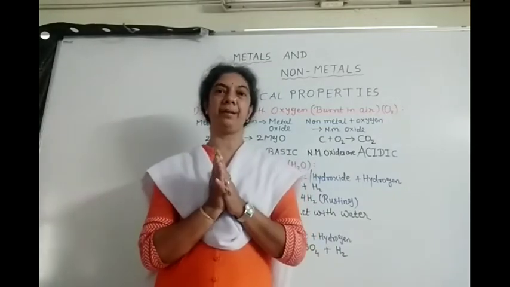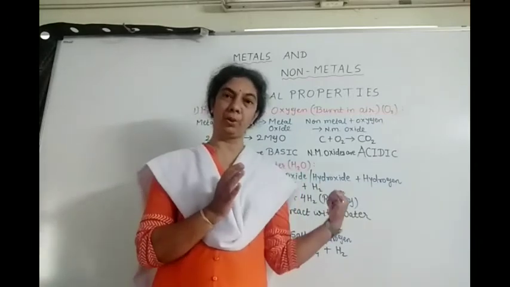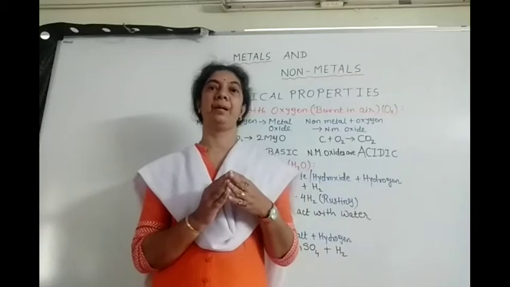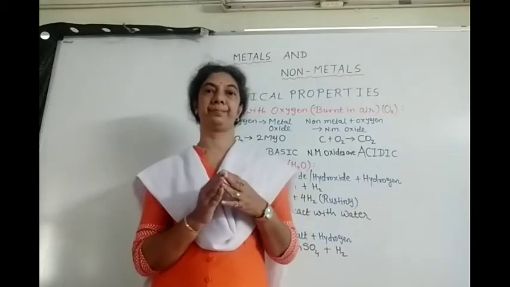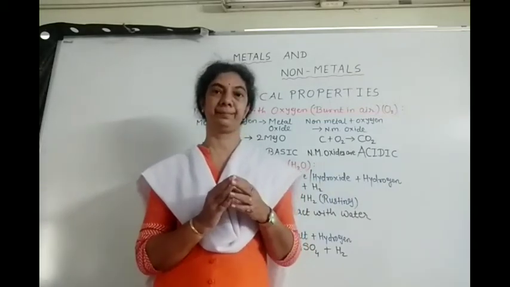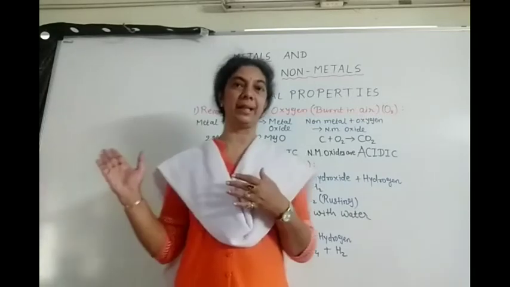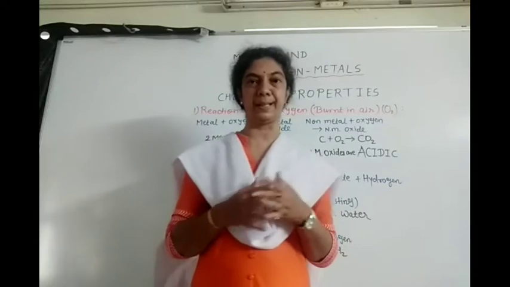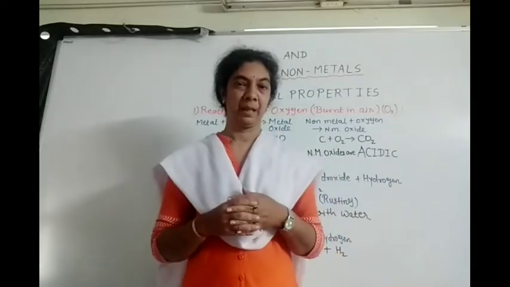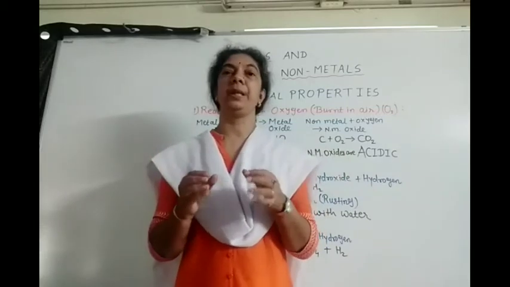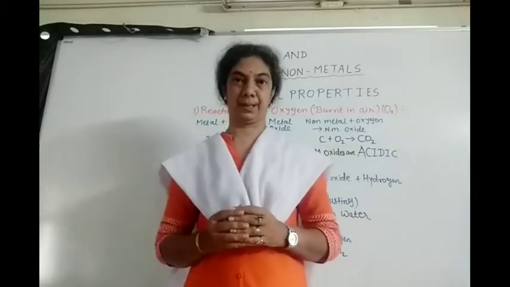Wherever we are having chlorine, then sulfate, carbonate, nitrate, and likewise, all these metals are giving reaction with different acids. So there are lots of types of salts, which are actually chemical compounds.